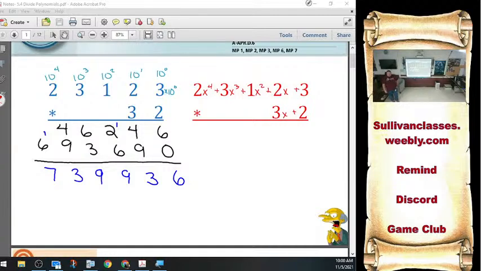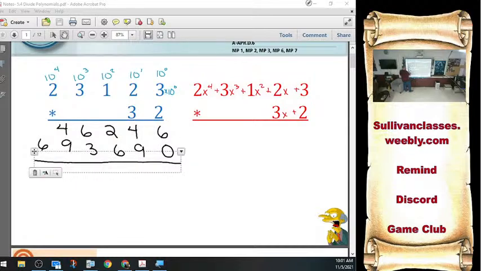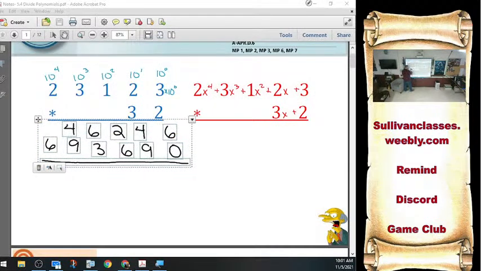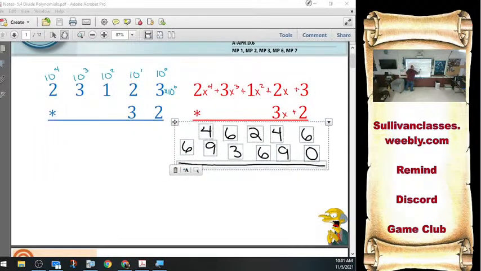Because in place of the 10 to the 4th place value, I have the x to the 4th like term grouping. Now, what's that going to change about these? Okay. Literally the same thing.